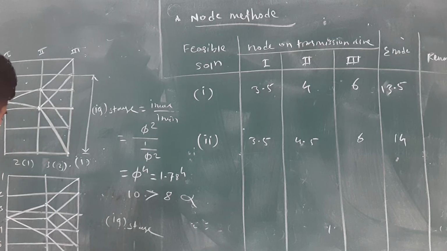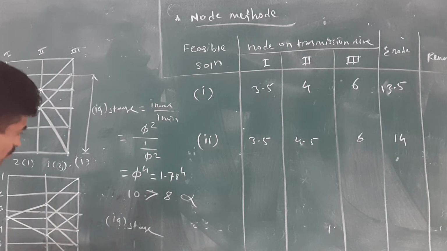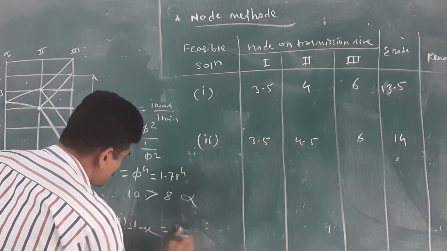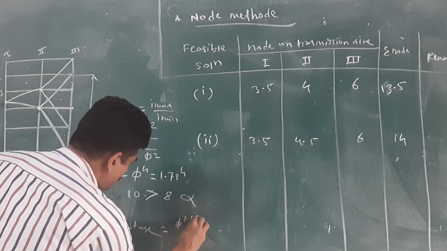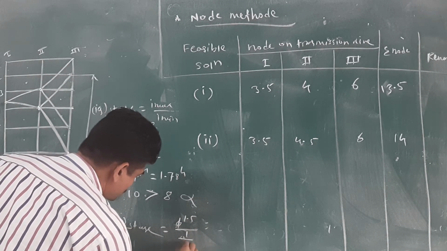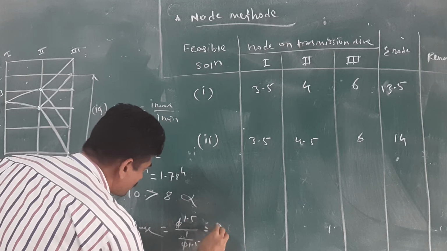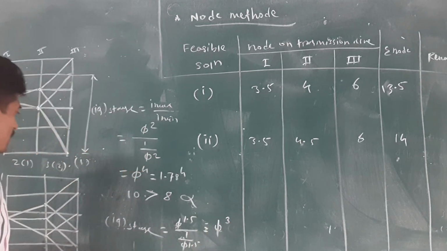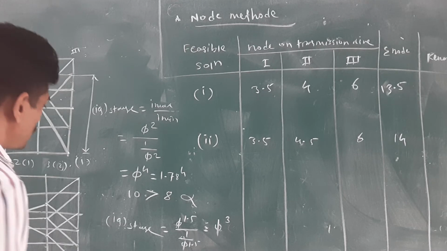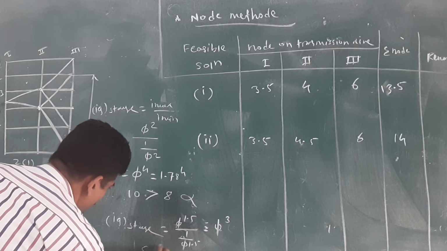Again check that. For this, here is 3. From the center again 1.5. You will get 5 raised to 1.5, and here 1 divided by 5 raised to 1.5. You will get 5 raised to 3. If you calculate 5 raised to 3, then you will get 5.62.